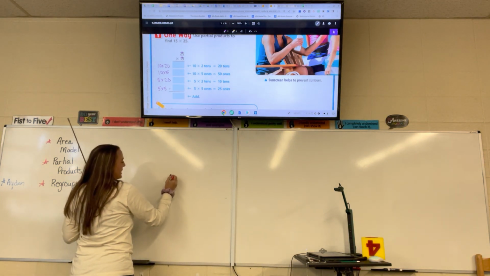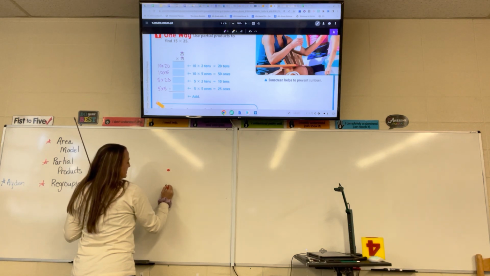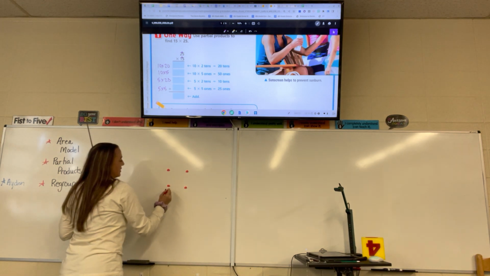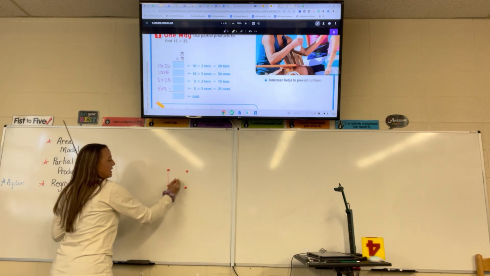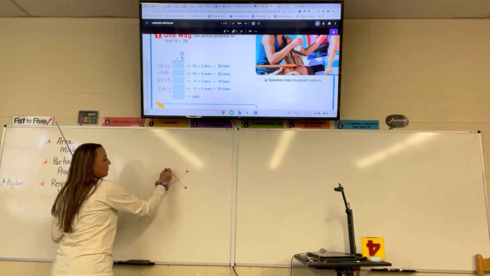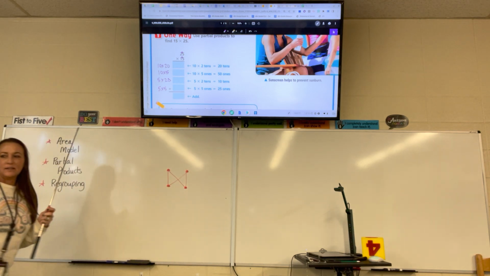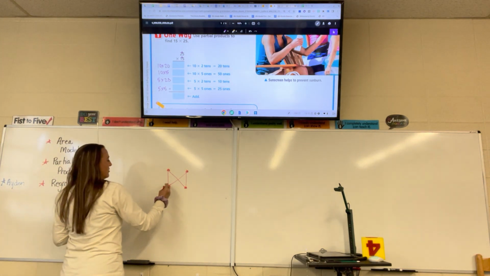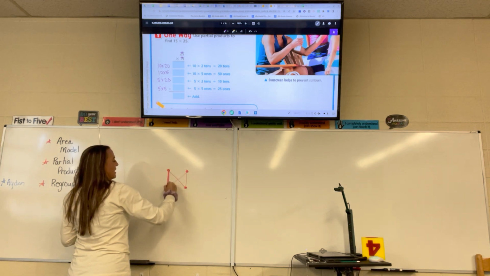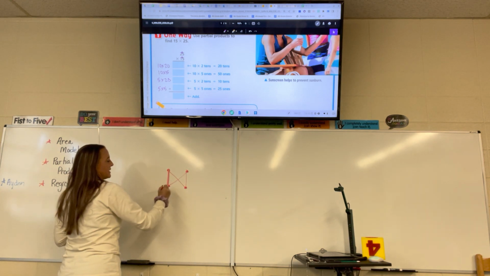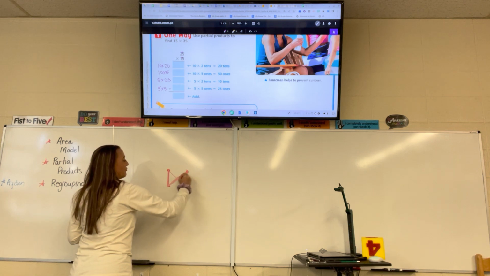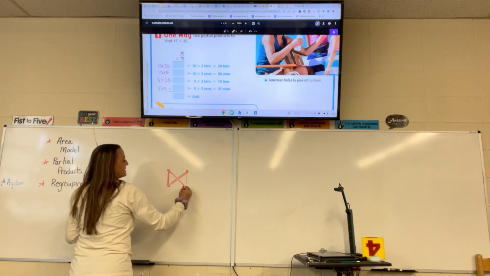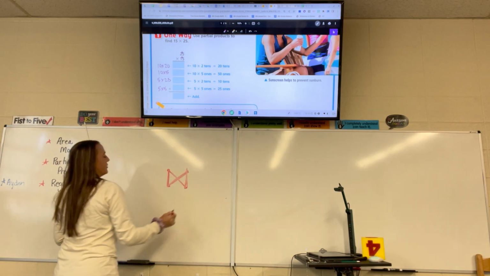If you think of it like this, we go up and over, then over and up. It looks like a bow tie. We start and go up on the tens place, then we go over from the tens place, then we go over from the ones place, then we go up on the ones place.